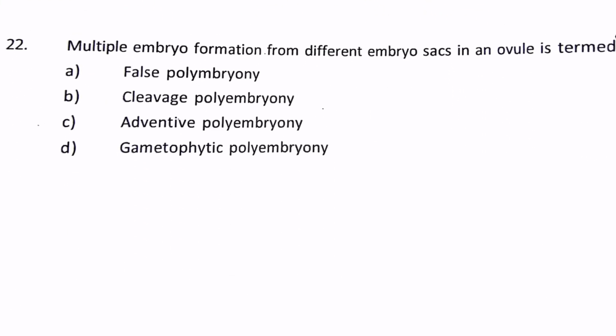Let's start with 2016. Our first question is multiple embryo formation from different embryo sacs in an ovule is termed as A, false polyembryony, B, cleavage polyembryony, C, adventive polyembryony, and D, gametophytic polyembryony. Cleavage polyembryony is where we are involved with only one embryo sac, right?